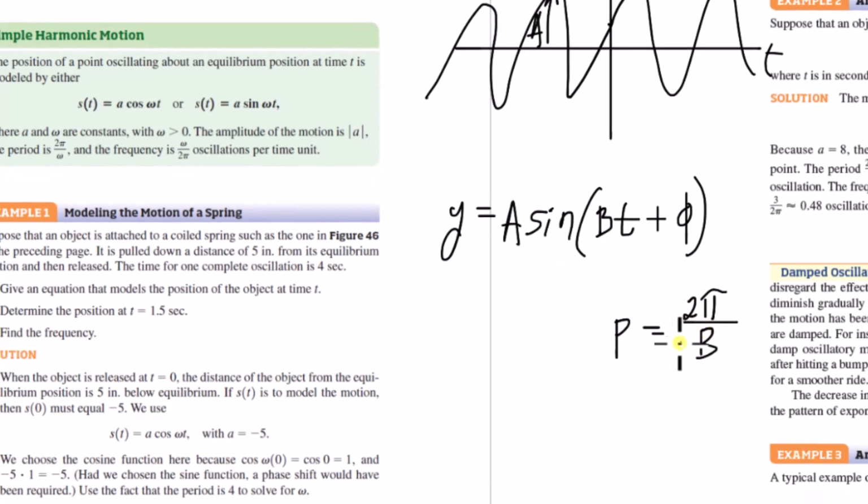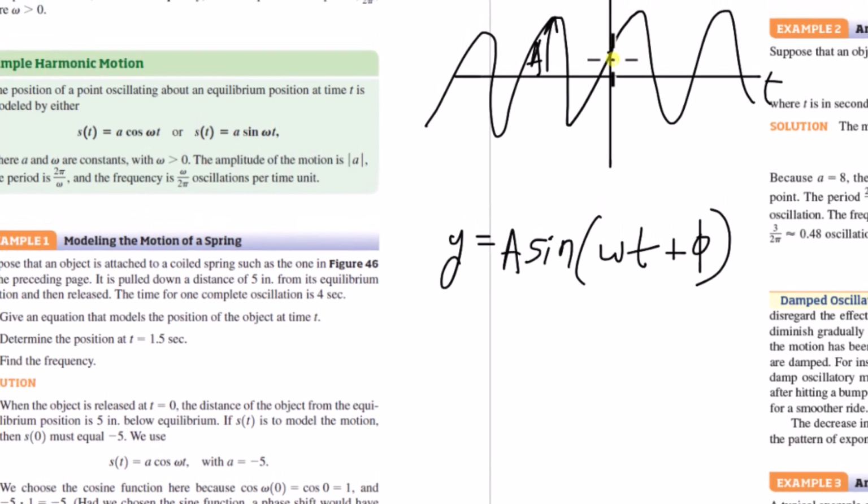Okay, so if we solve for b here, you get 2 pi over p, which is omega. So what they do here, they just replace that b with omega. But you could also write it, I think, like you could do t divided by the frequency instead. That'd be fine too. But they write it like this.